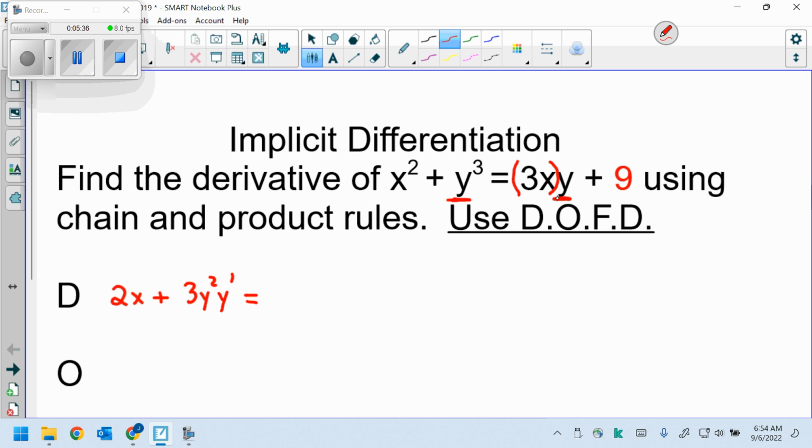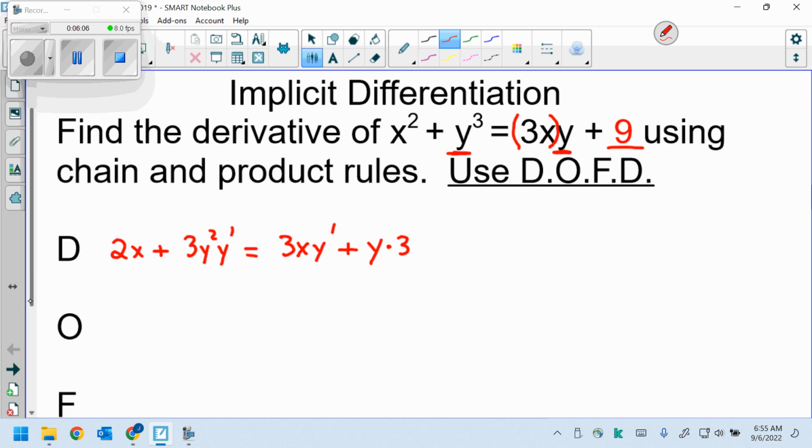So if I take the first, which is 3x, times the derivative of the second, and the derivative of y is y primed, plus the second, which is y, times the derivative of the first, the derivative of 3x, that's what I get. And then the derivative of 9 is 0 because it is a constant, and I have taken the derivative with respect to x.